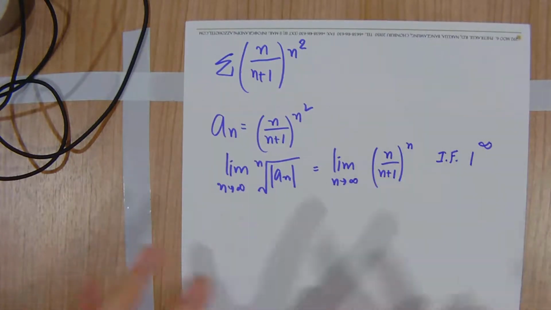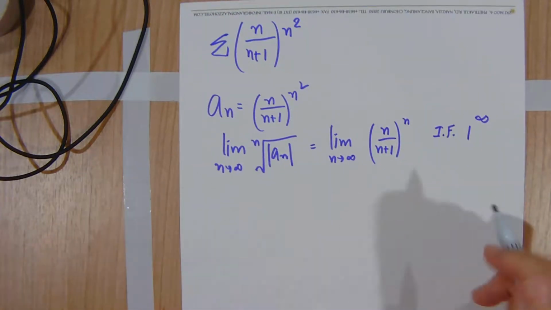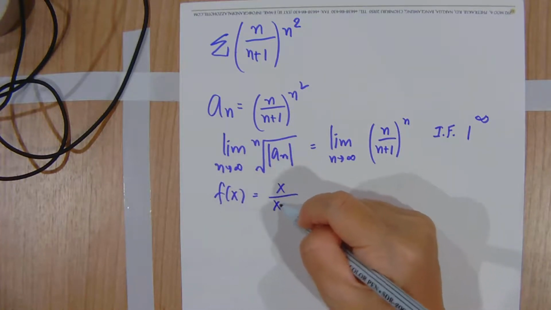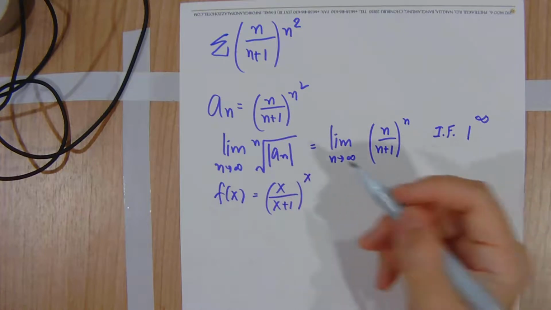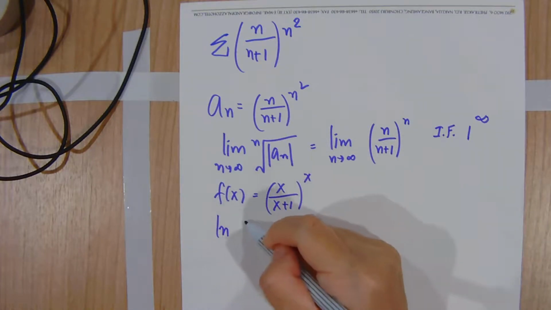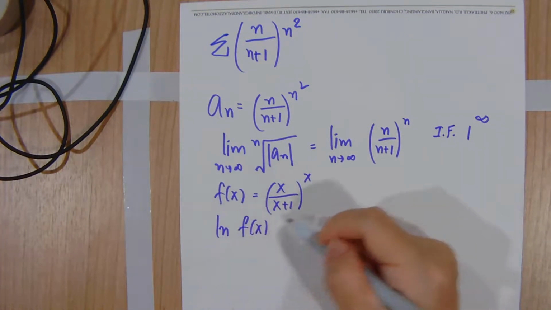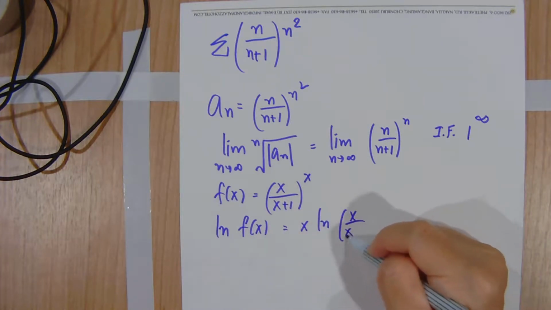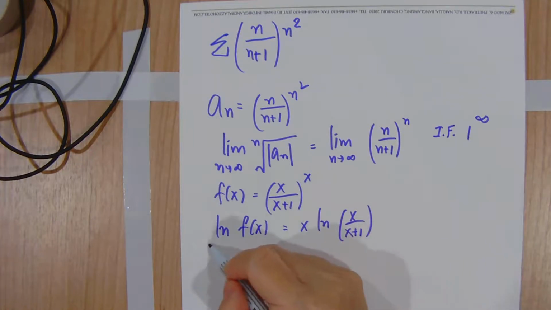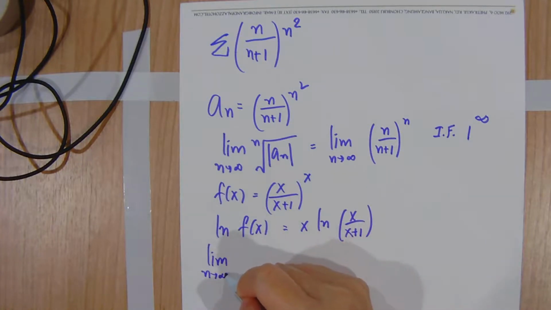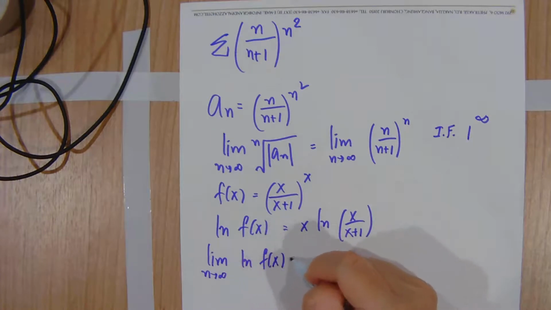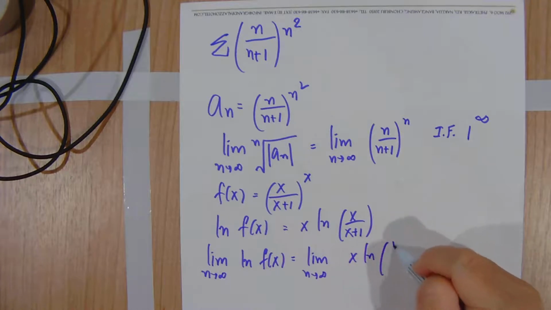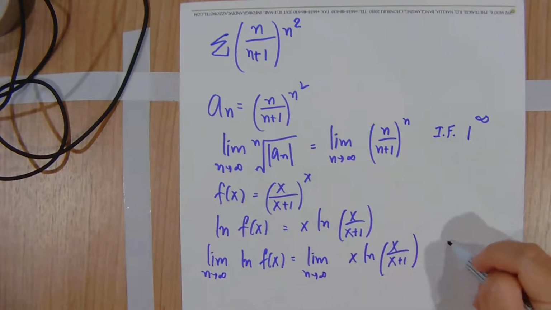This is the third type of L'Hopital's rule, so we change this term and then take the natural log. Then when we take the limit of this term, we find that log 1 is equal to 0.